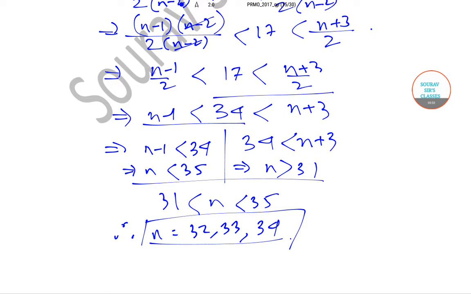Now let m plus k be equal to some number, suppose a. The first case is case 1, when n is equal to 32.